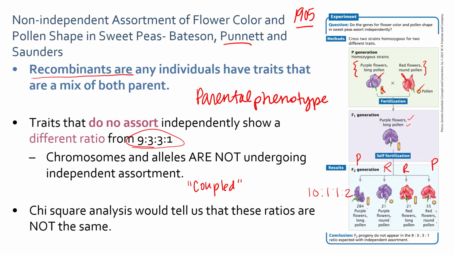But they did recognize, because they were doing statistics and chi-squared analysis, that this was a statistically significant ratio here. It was not the same as that 9:3:3:1. And you know, when you do chi-squared analysis, if you don't get a statistically insignificant p-value, then you have to reject your hypothesis. And in this case, the hypothesis was that the genes were assorting independently, and we had a 9:3:3:1 ratio.